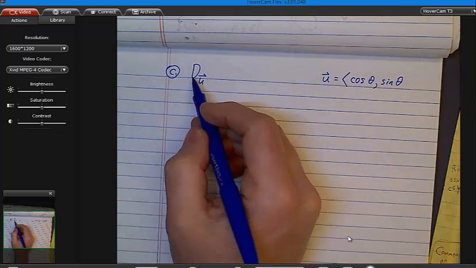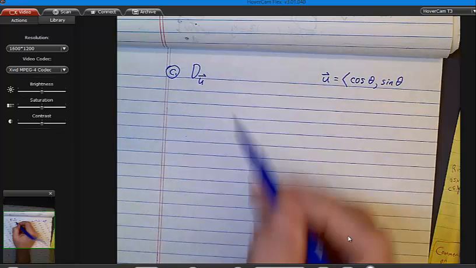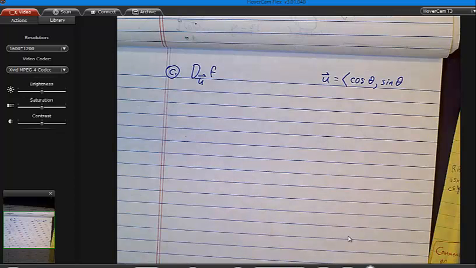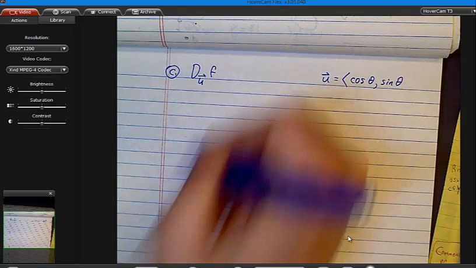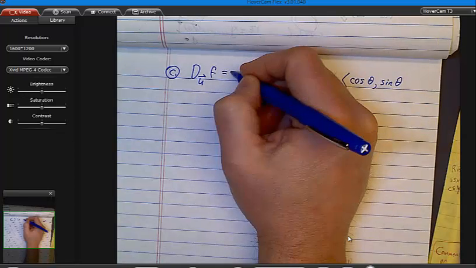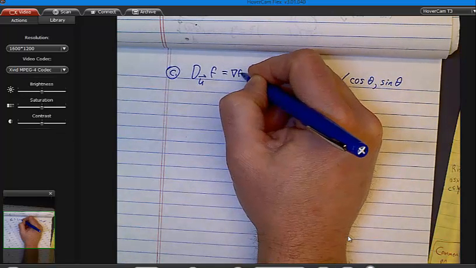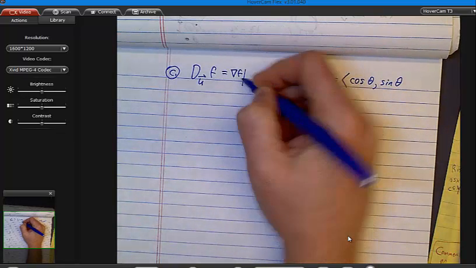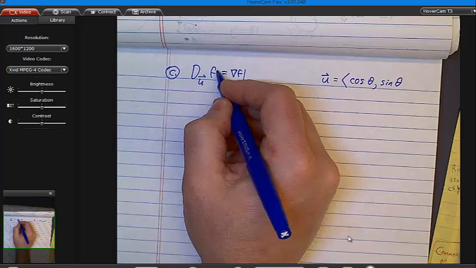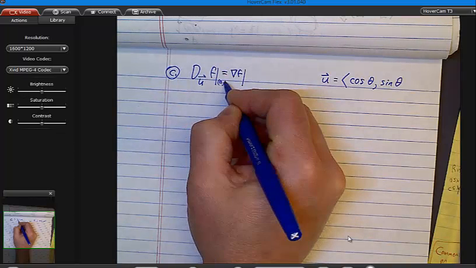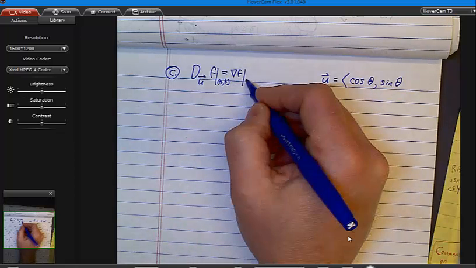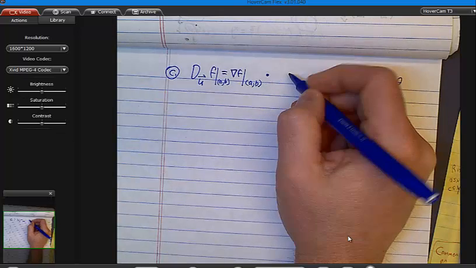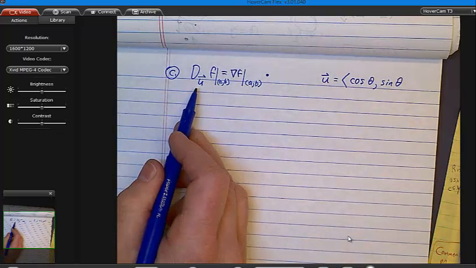I had a formula for you guys. The directional derivative of f with respect to u, remember the formula? Take grad f, evaluated at the point, let's say AB, and then dot it with whatever this u is.